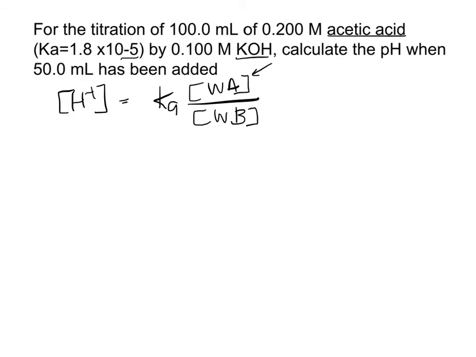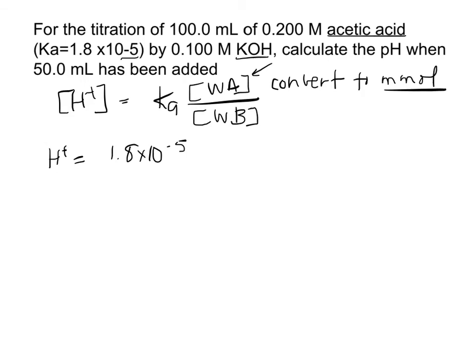So, okay, let me see, H plus equals 1.8 times 10 to the negative 5, and I get my weak acid. I'm going to convert to moles. Actually, I'm converting to millimoles. So my weak acid is going to be 20 millimoles.